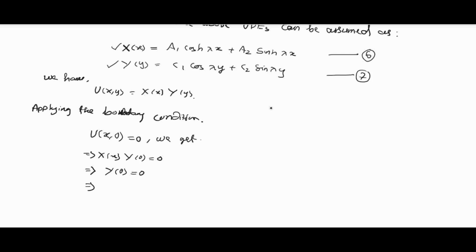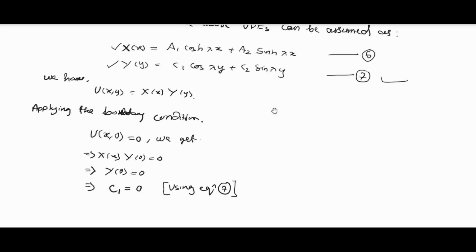Now use equation number 7 here. In equation number 7, if y is replaced with 0, we will get C1 cos 0 plus C2 sin 0. But we know that sin 0 is equal to 0, so this will become 0. Now cos 0 is equal to 1, so we will get only C1. So that implies C1 is equal to 0, using equation number 7. Now when C1 is equal to 0, let us substitute this value of C1 in the same equation number 7.